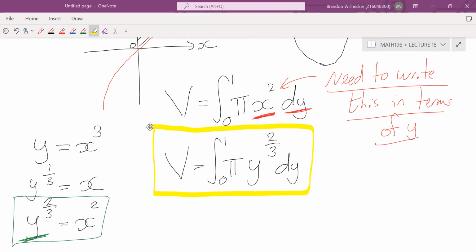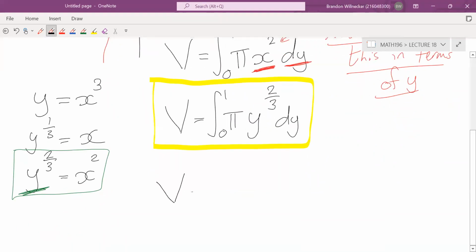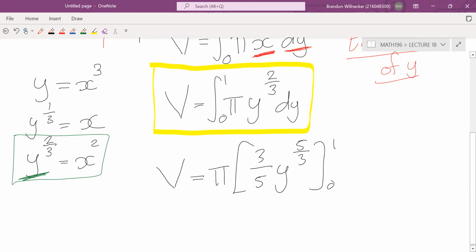So now we can integrate. So the volume is going to be pi times, we add 1 to the exponent, so that makes it 5/3. Divide by that, so that's 3/5. y to the 5/3 from 0 to 1.